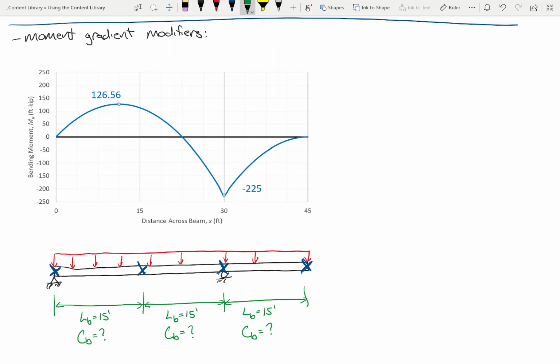Just to make sure we're all on the same page, we have M1 that, M2 is that.